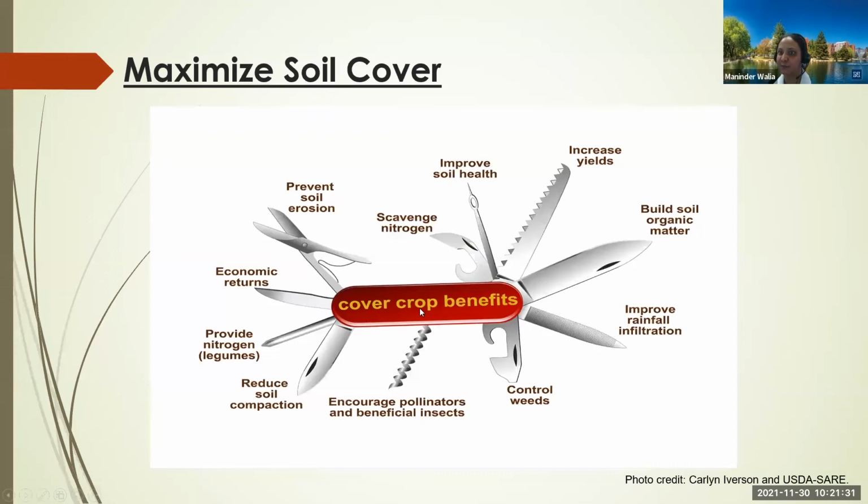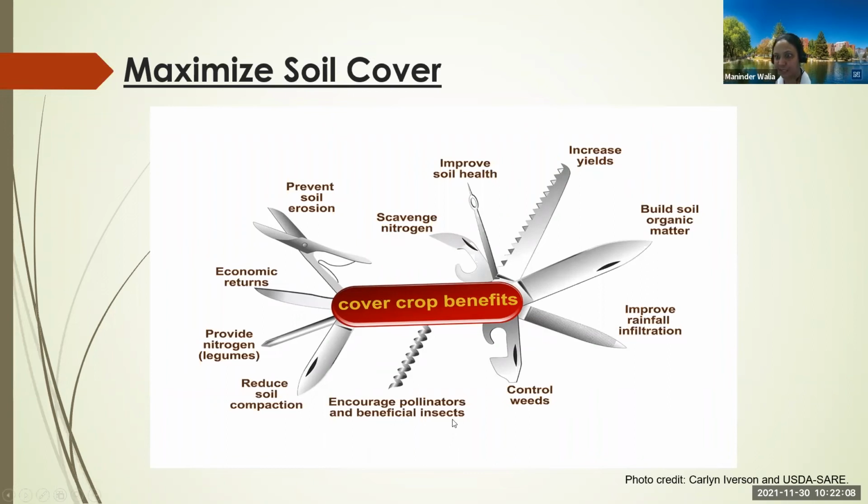By planting and managing cover crops, producers can see multiple benefits to their land: decreased compaction, improved soil health, increased organic matter, reduced erosion by wind or water, improved water infiltration, reduced weed pressure, and enhanced presence of pollinators and beneficial insects.